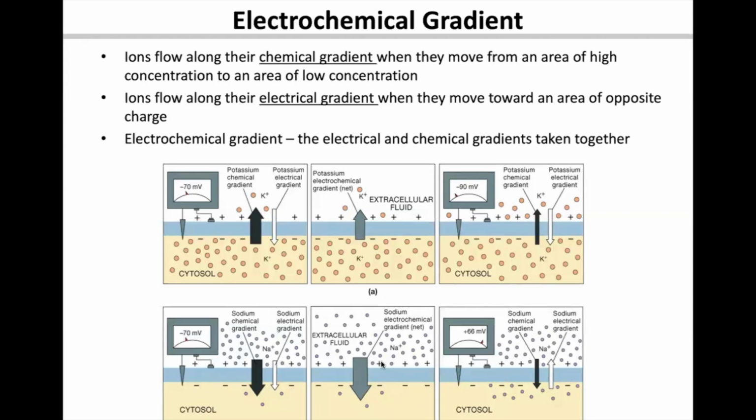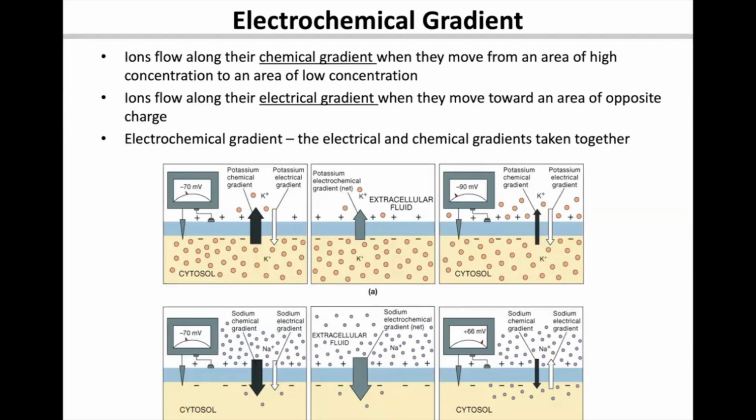And when it reaches equilibrium, when the electrical gradient and the chemical gradient become equal, that's known as the equilibrium potential. I want you to understand that this is positive 66 millivolts, and in case of potassium, that is negative 70 millivolts. We'll learn about equilibrium potential separately, but here, just to make you understand, when both these gradients become equal, it's known as the equilibrium potential.